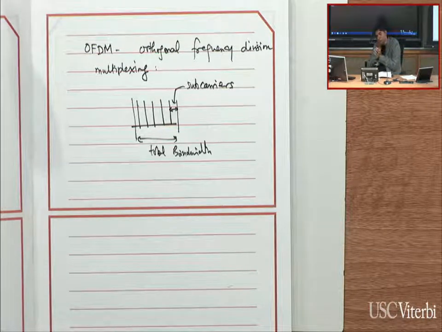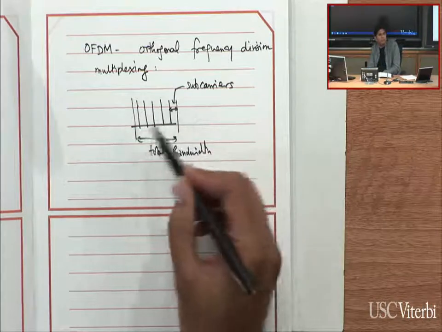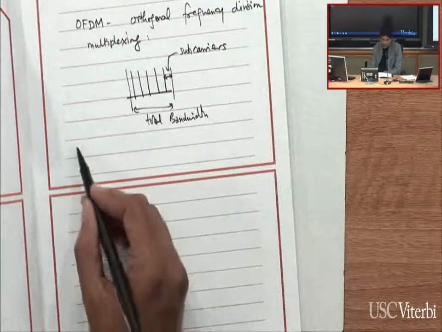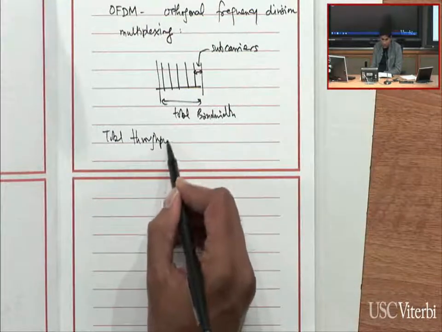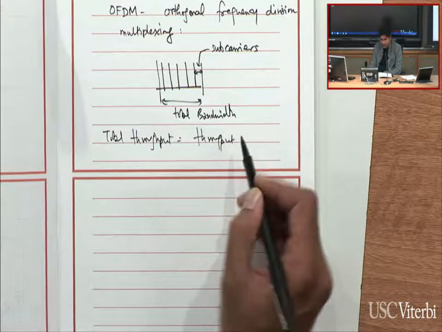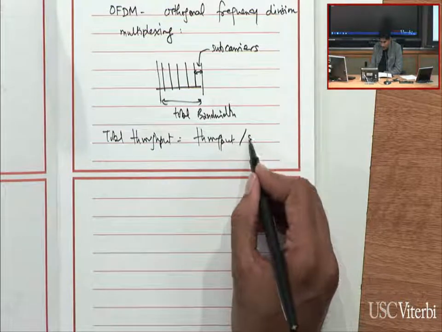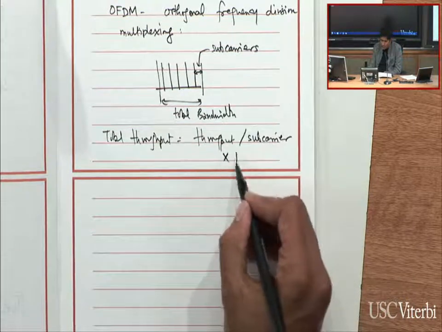The overall throughput that you're going to get will be the throughput in each of the subcarriers multiplied by the number of subcarriers. So total throughput equals throughput per subcarrier times number of subcarriers.